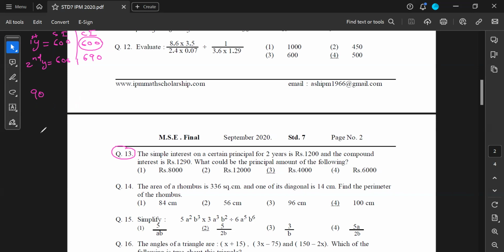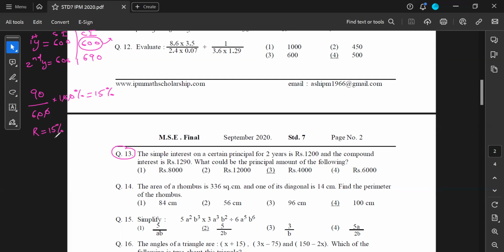Instead, I'll give you a very simple formula. This 90 out of 600 multiplied by 100. How much is that? You just check. So that percentage, when you calculate, 90 upon 6 is 15. So 15 percent. Now from here, we understand the rate of interest is 15. Till now, we were not aware of the rate of interest. Rate of interest is 15 now.